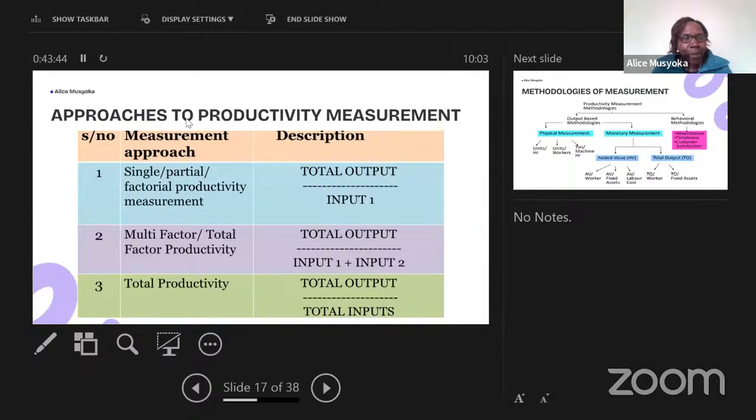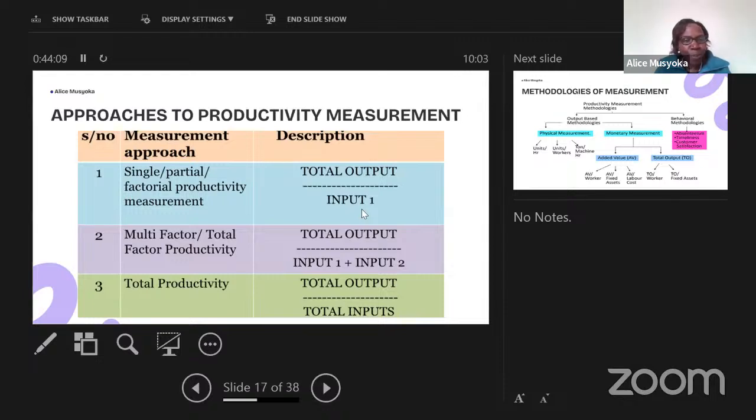So let's look at approaches to productivity measurement. One approach is the single or partial approach, where we are looking at total outputs over inputs, looking at just one factor.